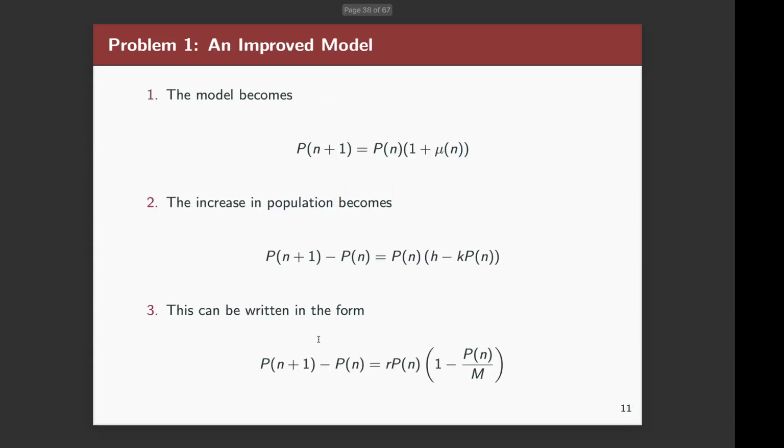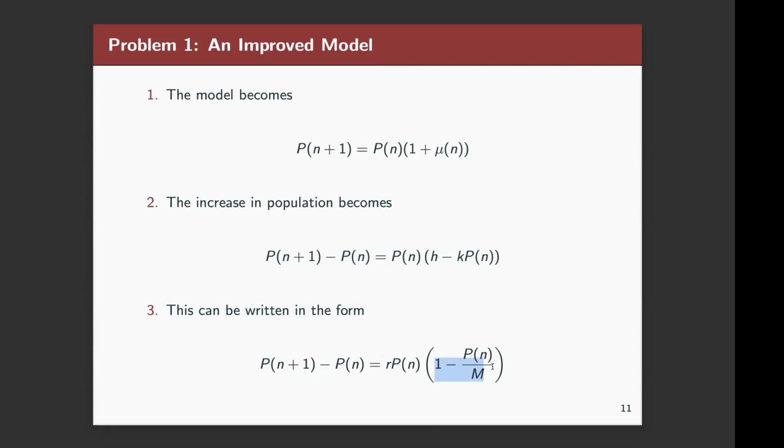Okay, so if we go back, I'll explain this now because the third form is actually quite important, even though it's mathematically equivalent to the second form. By converting the second equation into this final form, we see that there's this term over here, which is 1 minus Pn over m. And this is very interesting because it shows when the population increases and when the population decreases.